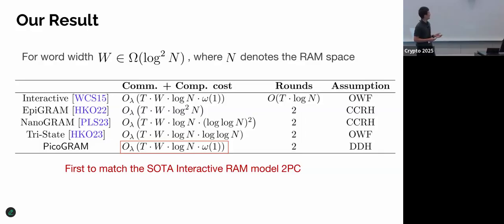But we are the first that actually matches the interactive baseline, so we finally get rid of these log factors. And if you are willing to ignore the security parameter lambda and also this arbitrarily small super-constant factor, our result is actually optimal by the ORAM lower bound.